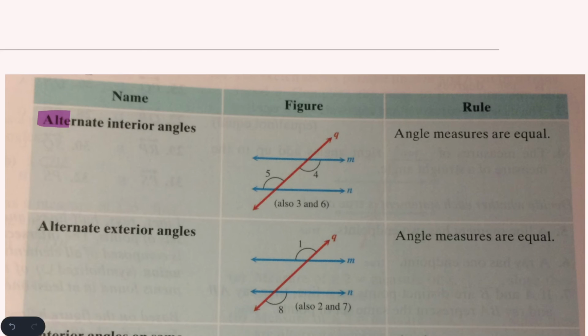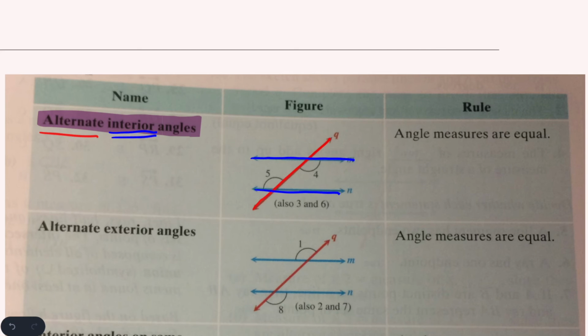So our first rule is that of alternate interior angles. Now to help us keep sense of this, the phrase alternate means on opposite side of this transecting line. So notice angle 4 is on the right, angle 5 is on the left, so they are on alternate sides of the transecting lines. And then the phrase interior means it's inside the parallel lines.